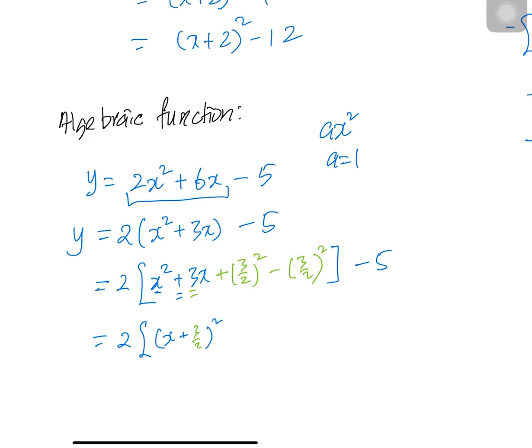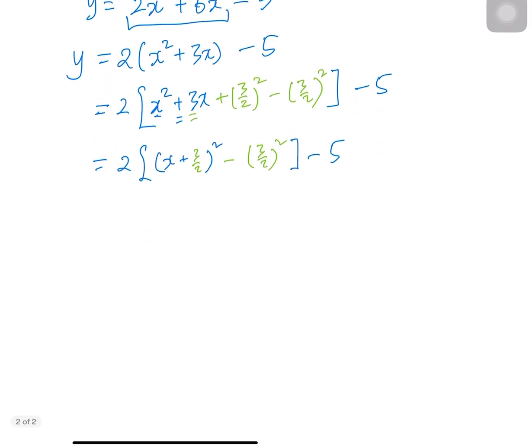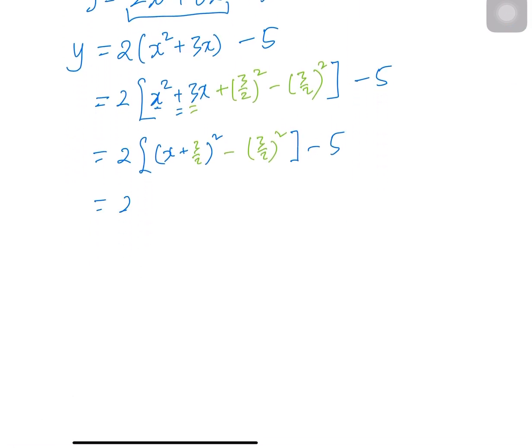Then what do I have here? Here will be a minus 3 over 2 squared. Okay, so next I just simplify it a bit. 3 over 2 is still 3 over 2. This is 9 over 4. Then I open up the square bracket.